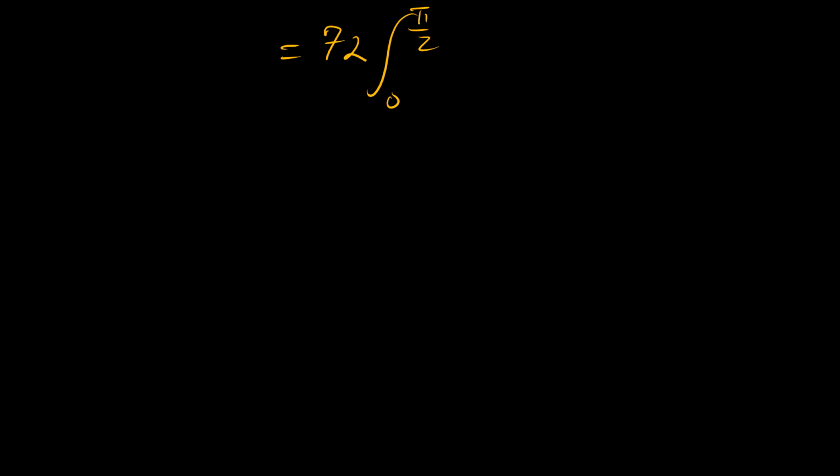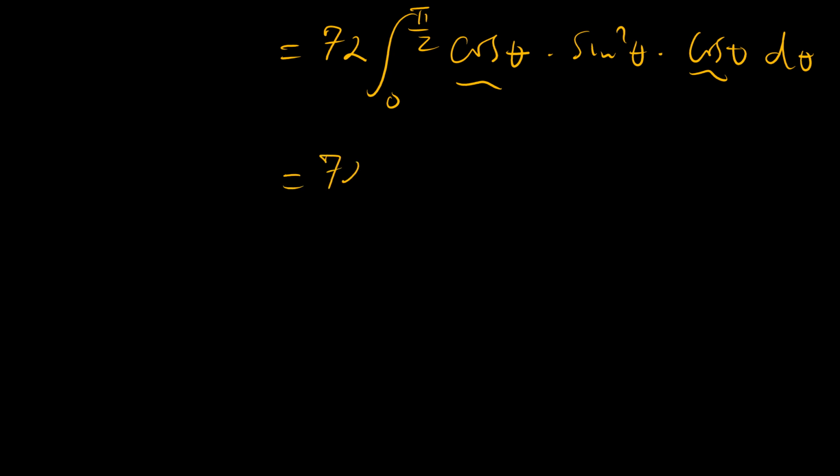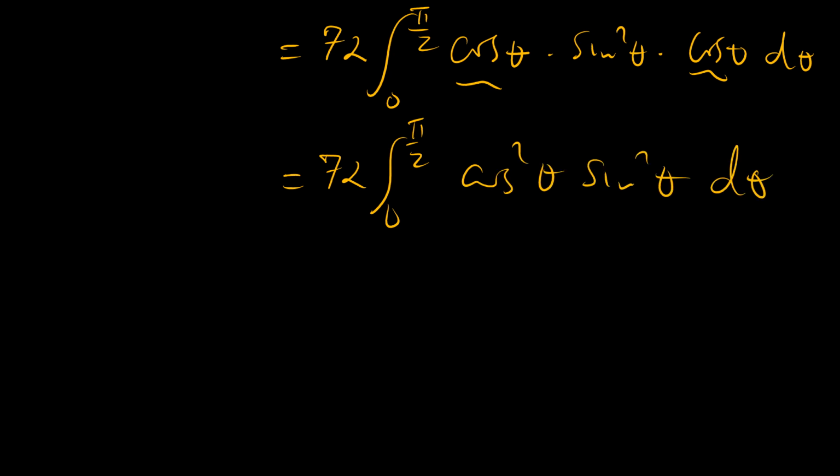And since we had the square root of 1 minus sine squared theta, that becomes cosine theta times sine squared theta times cosine theta. And so this becomes 72 times the integral from 0 to pi over 2 of cos squared theta sine squared theta d theta.